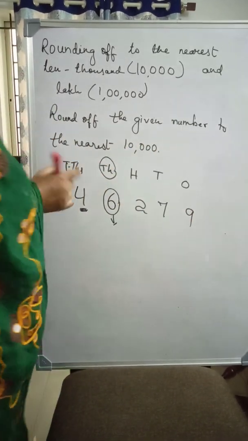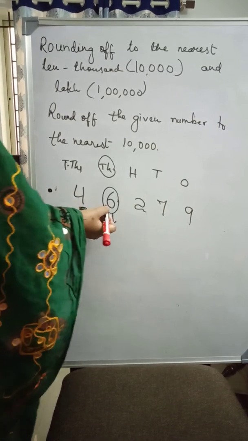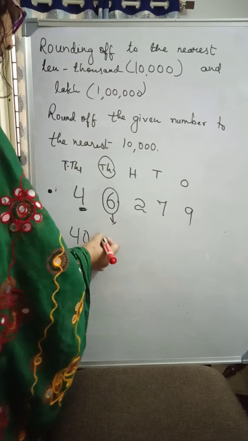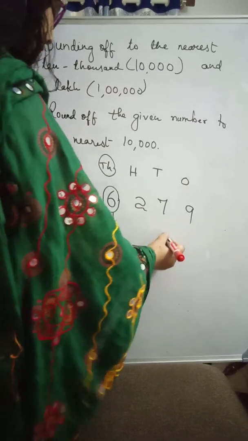which is more than 46,279. Here all of you see, children, 46,279 is in between 40,000 and 50,000.